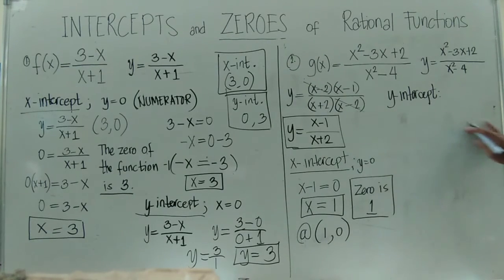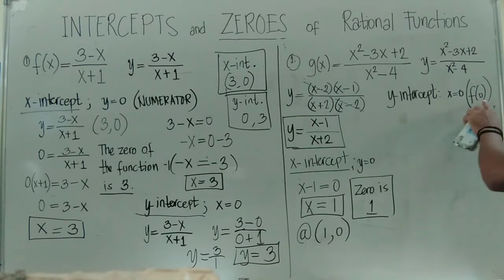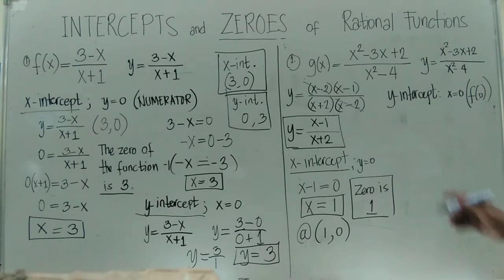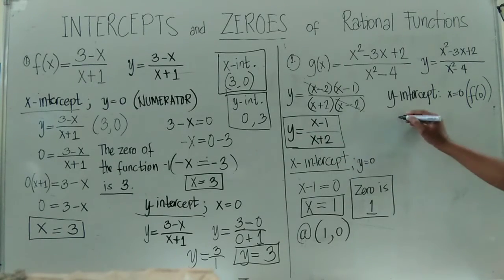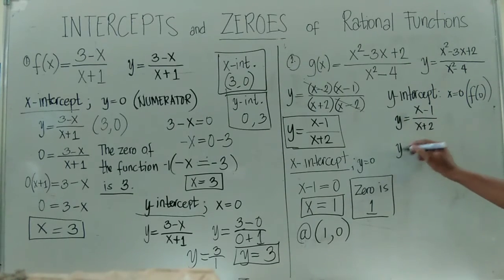Solving your y-intercept is giving the value of x equal to 0, or it's just like you are solving for f of 0. If you will go back to the g of x or f of x form, we have y equals x minus 1 over x plus 2. Then substitute x is 0.